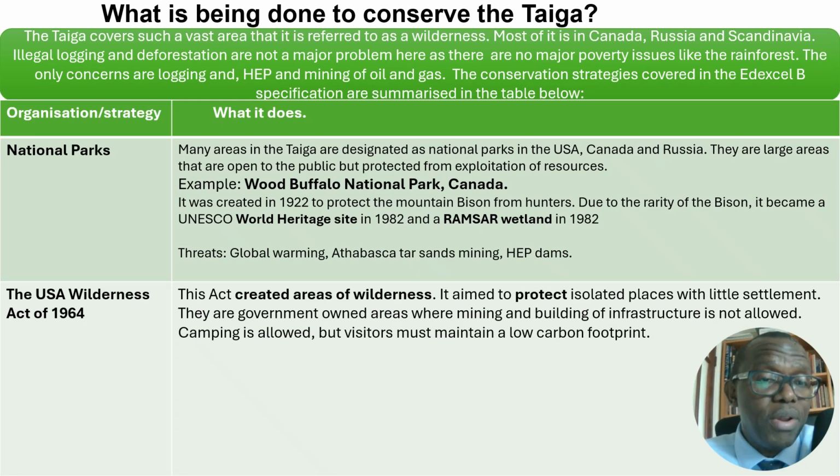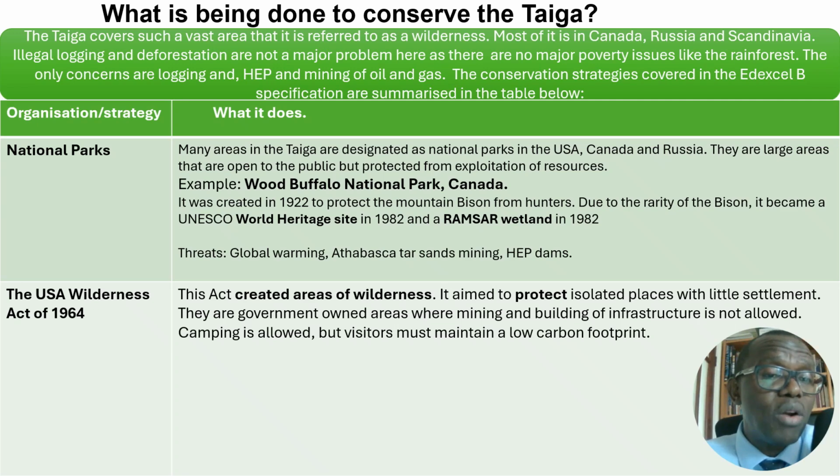As we said previously, the taiga is found in countries that are mostly HIC. So the main concern here is actually logging. Logging is normally done for commercial purposes and is done by TNCs or transnational corporations.